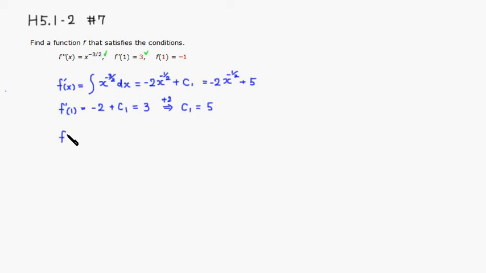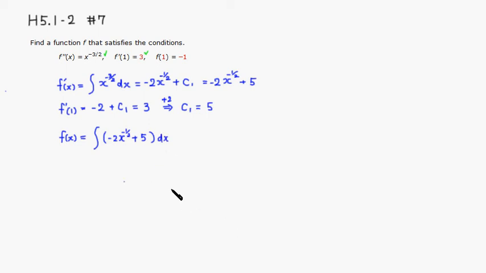So f of x is equal to the antiderivative of the first derivative, which came out to be negative 2 x to the negative 1/2 plus 5, with respect to x.